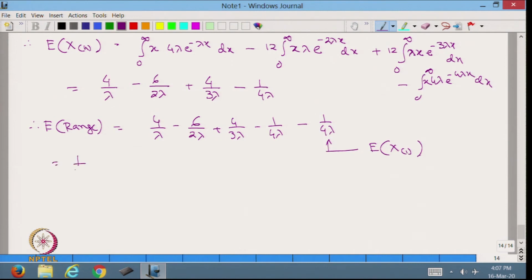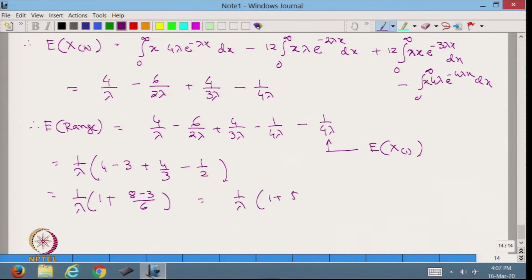It is equal to 1 by lambda into 4 minus 3 plus 4 by 3 minus half, which is equal to 1 by lambda into 1 plus 8 minus 3 by 6, which is equal to 1 by lambda into 1 plus 5 by 6, which is equal to 1 by lambda into 1 plus 1 by 2 plus 1 by 3.